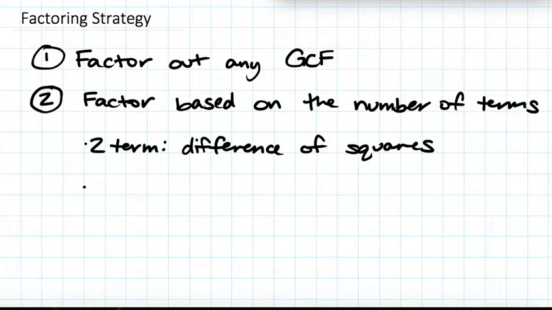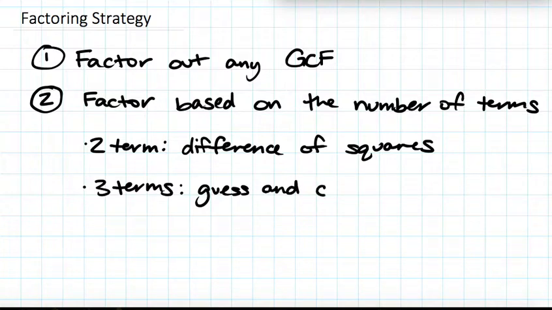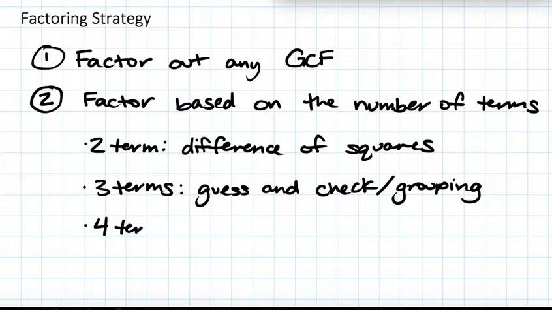If there are three terms, you want to see if you can use guess and check or grouping to factor into two binomials. And if it's four terms, you are going to want to use factoring by grouping.